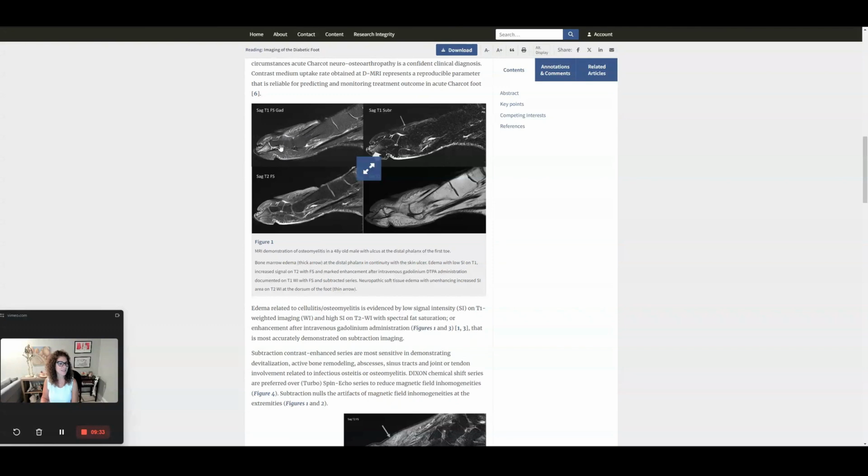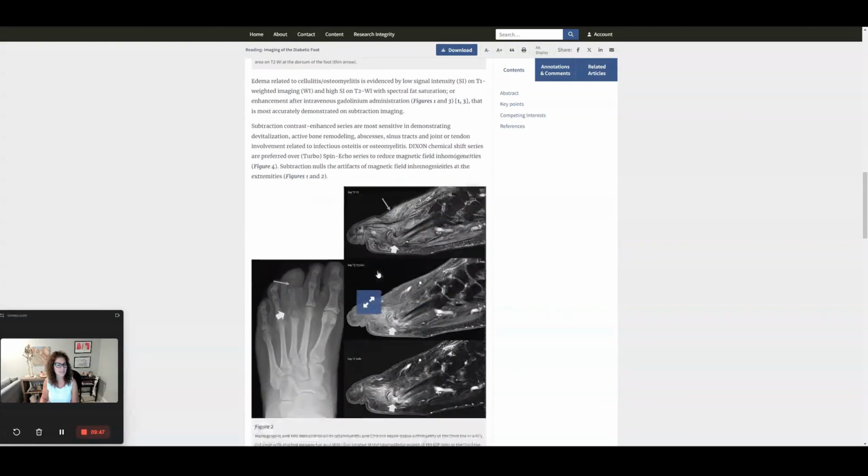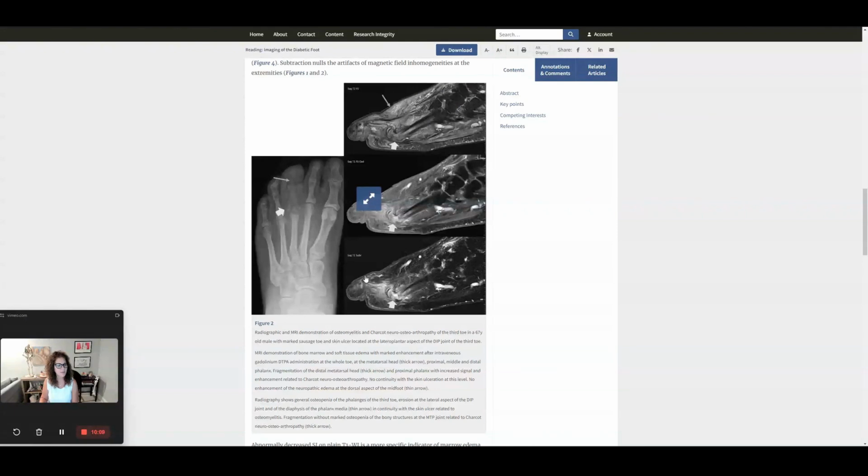When they actually subtracted the images, there was no enhancement of that particular region that has some amount of edema, and that is going to be consistent with a neuropathic soft tissue edema or bland edema and not related to a cellulitis. On post-contrast, we do not have enhancement, and they show that very well in the subtraction sequence in this location. So this is neuropathic edema as opposed to the inflammation and the enhancement that's occurring throughout the third MTP joint. And this is all osteomyelitis, septic arthritis, and surrounding inflammatory change.